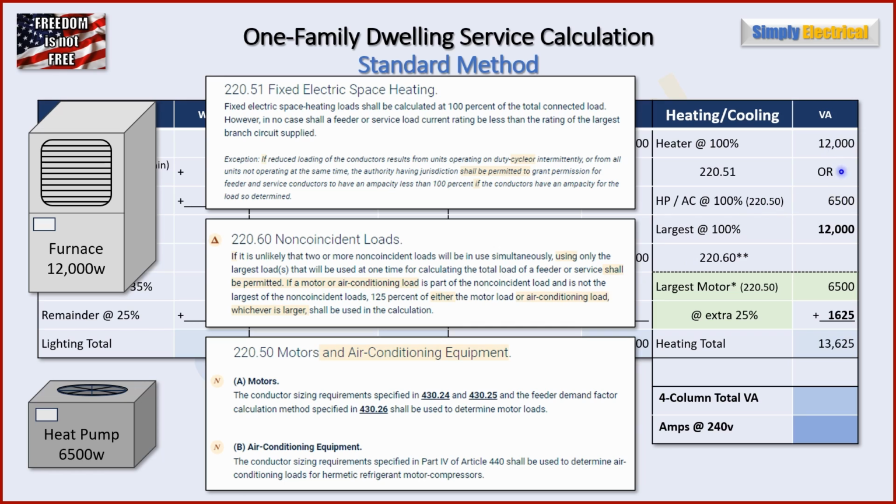And the larger of the two here is 12,000, the heater. So we take that at 100%. Then we factor in our largest motor, which is the heat pump, and we got to add an extra 25% to that. And that gives us 1625. And once we have that, we can add our 12,000 and our 1625 together to get 13,625 for our heating total.